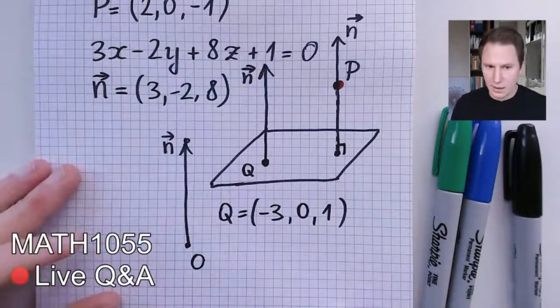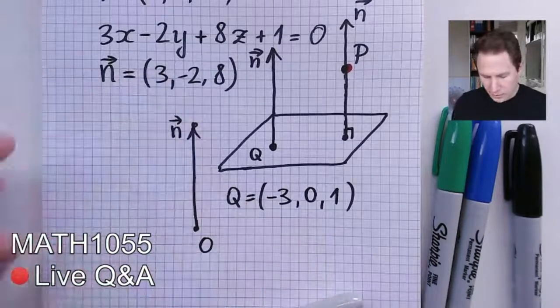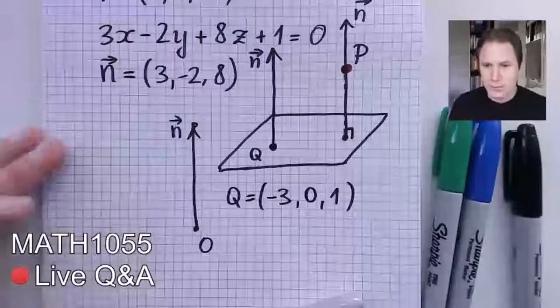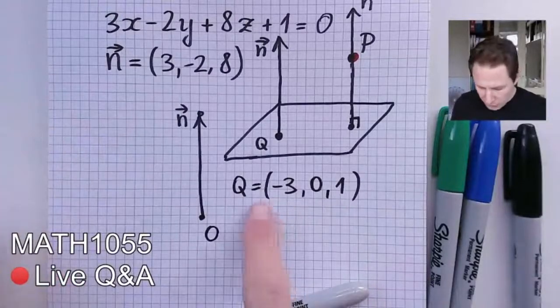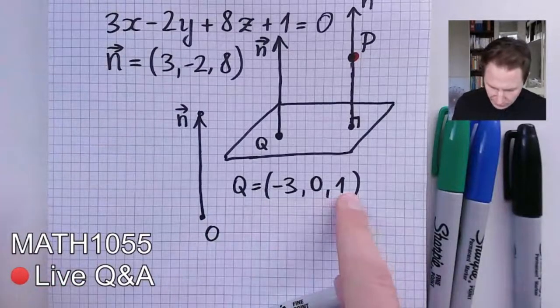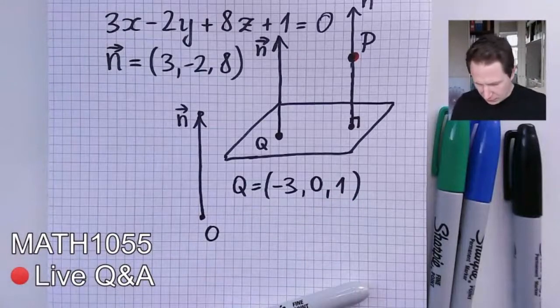This is basically the same thing. I just tried to be a bit clever about it, so I get some nice numbers here. So Q is a point on the plane.